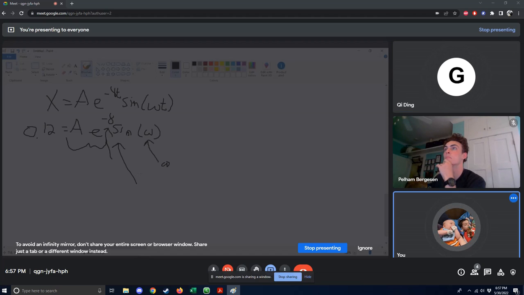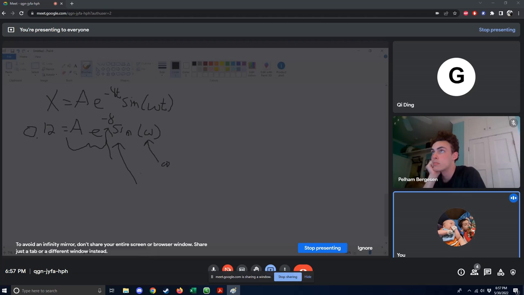Yeah, so that's actually what the initial condition is meant strictly for. Whenever they tell you x equals something, or anything equals something at t equals 0, it's usually meant to identify what trig function we're using and whether or not there's a phase shift.